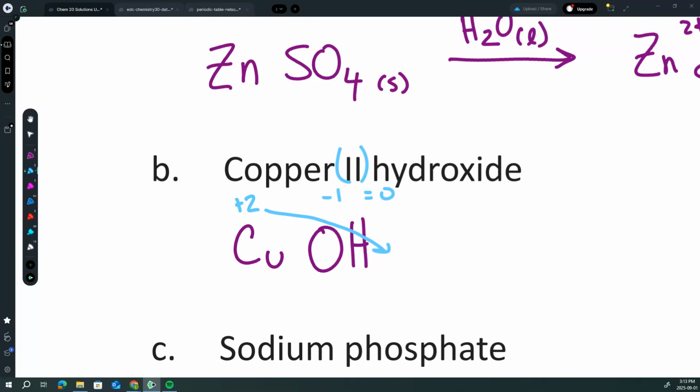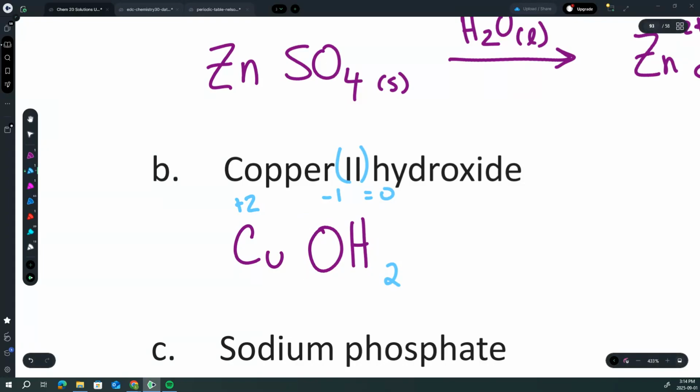We don't take the charges, so the plus or the minus, and we put them behind either the element or the polyatomic ion. Since hydroxide is a polyatomic ion and there's more than one of them, that's why we're going to write those brackets and then put a 2 after it, because we want to indicate that we have 2 hydroxides.